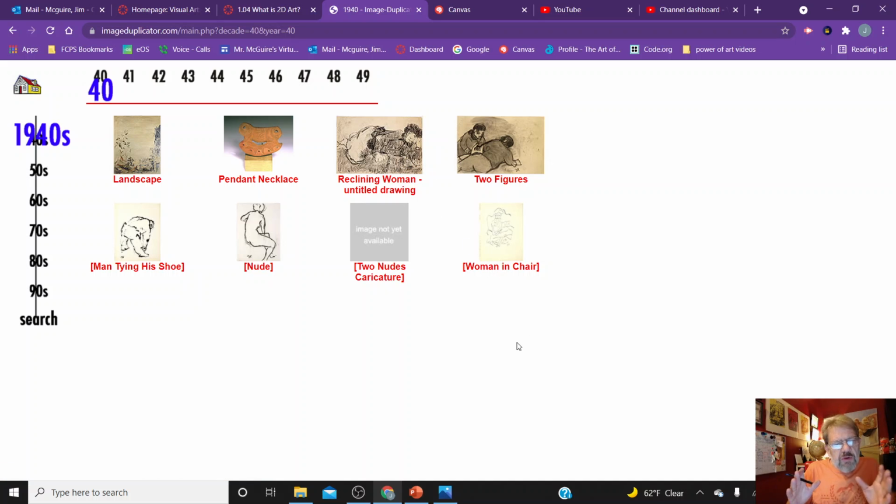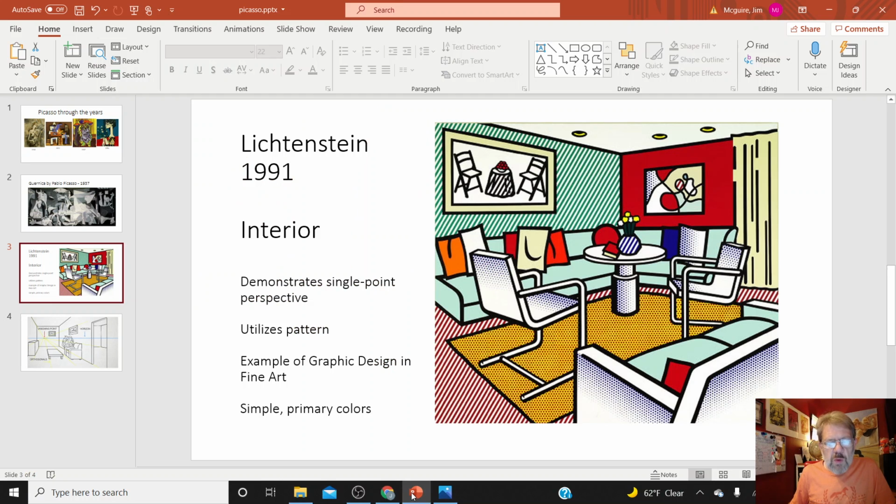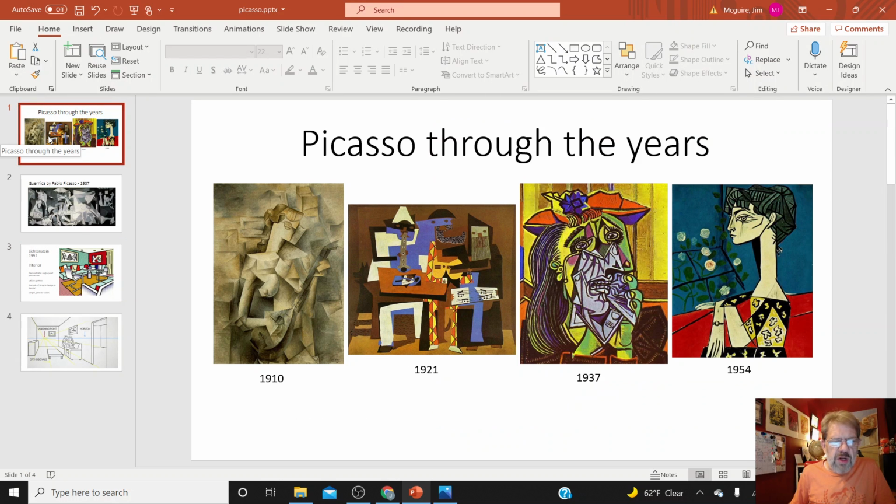But I want to do a direct comparison to some of the work of Pablo Picasso. We're going to look at Picasso's work and maybe how Roy is responding a lot to these Cubist influences and other artists that worked in a similar style either before or at the same time that he was working.